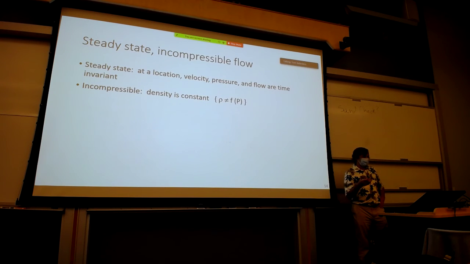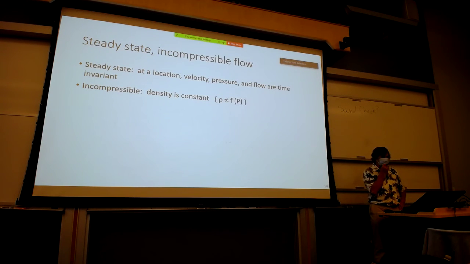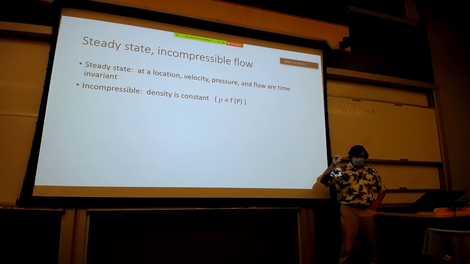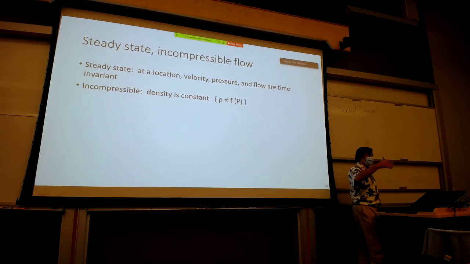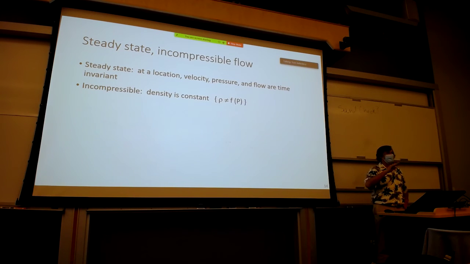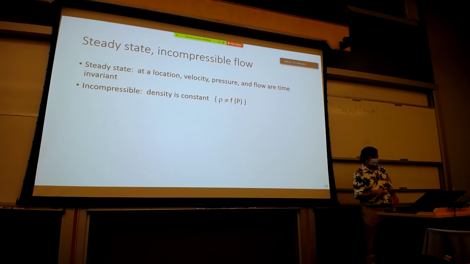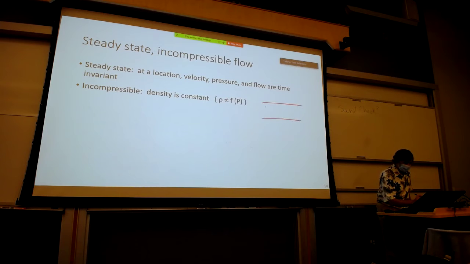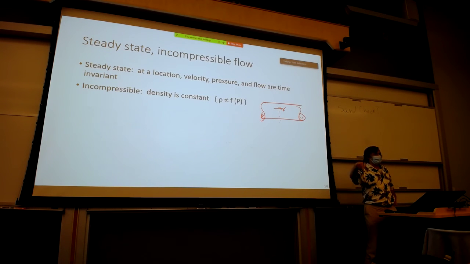When you hear steady state incompressible flow, steady state means that at one location, velocity, pressure, and the discharge, the flow, are time invariant. So, for example, at this location in a pipe, that velocity is the velocity now, 10 minutes from now, 200 years from now, time invariant.